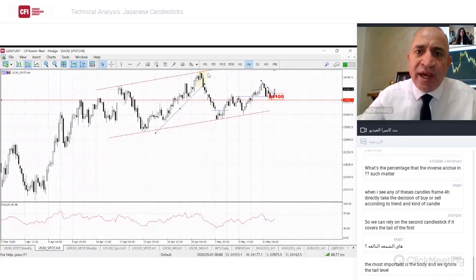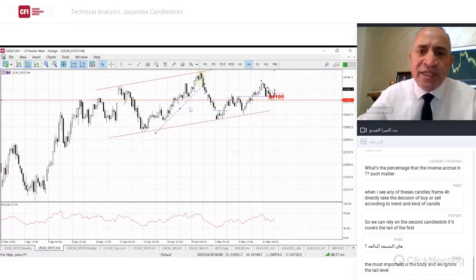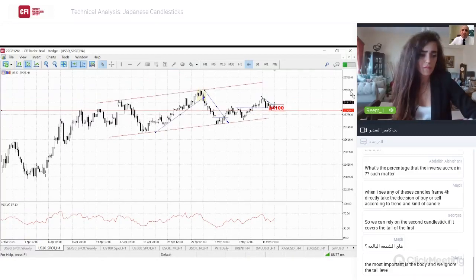At the end of the uptrend, I have a black candlestick, the open and the close of the black candlestick within the open and the close of the white candlestick. When I see this type of candlestick at the end of an uptrend, I expect the price will change its direction to the downtrend, with a stop loss at the high of the candle. This will be my stop loss for the bearish harami candlestick pattern.